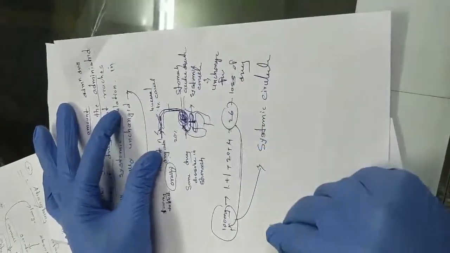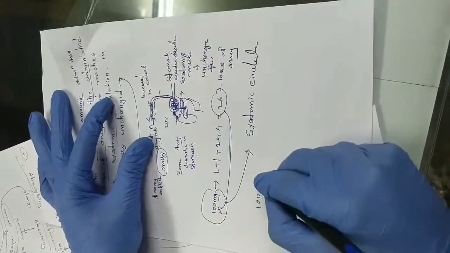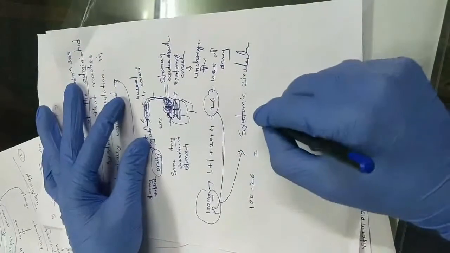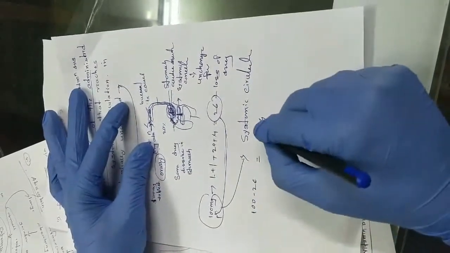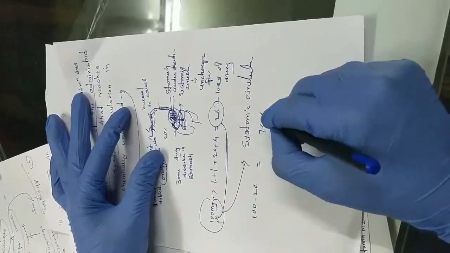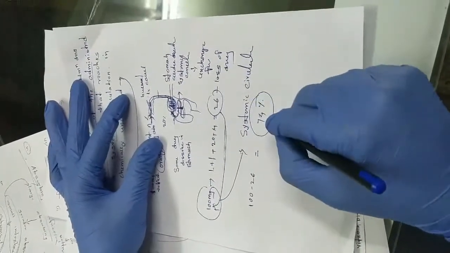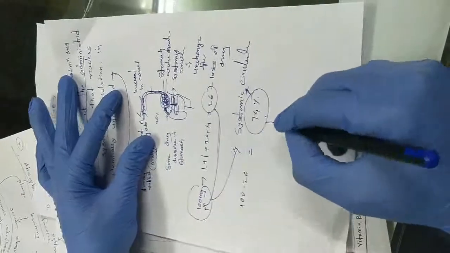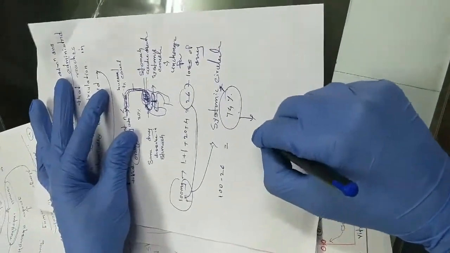Means 100 minus 26, 74% drug reaches the systemic circulation, and the bioavailability is 74%.